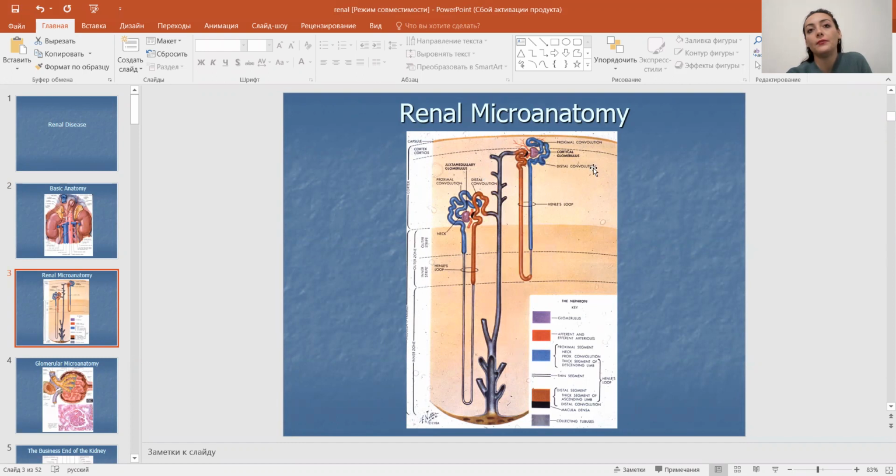Every nephron is localized in the cortex, and only the juxtamedullary nephrons have parts of them in the medullary part of the kidney. You can see it is localized in the medullary parts of the kidney.